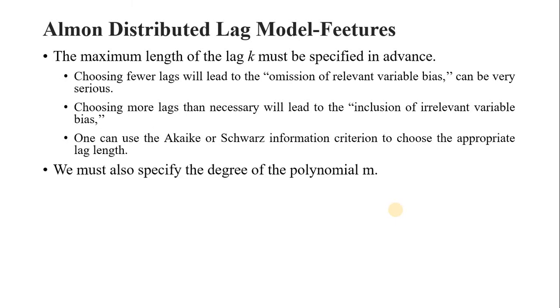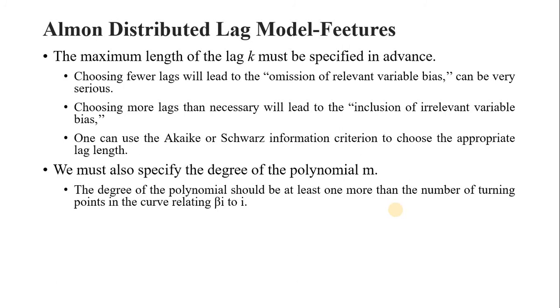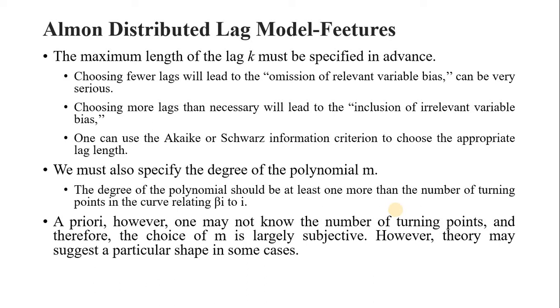Similarly, we have to specify the degree of the polynomial m. As per the theory, the degree of the polynomial should be at least one more than the number of turning points in the curve. But we may not know the number of turning points in advance, and therefore this approximation is basically a subjective matter. Sometimes the theory may suggest a particular shape, and if you have proper theoretical support, it may suggest certain ideas about the relationship between lag length and coefficients.